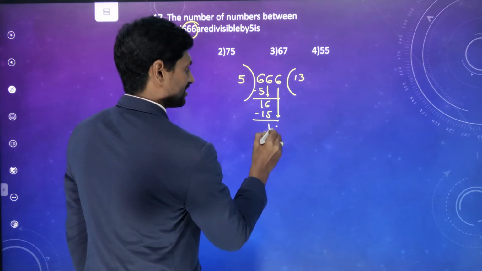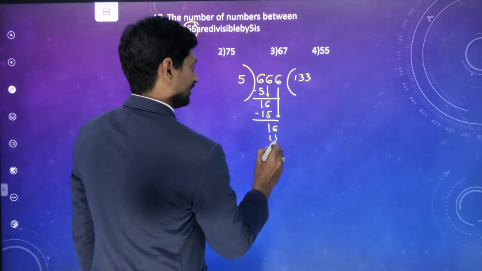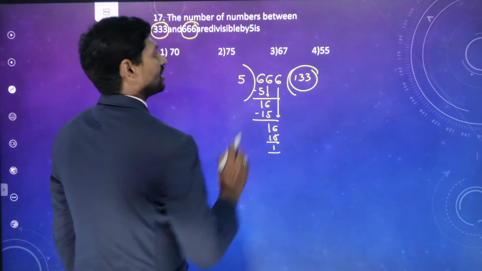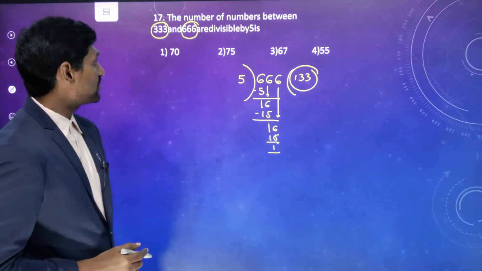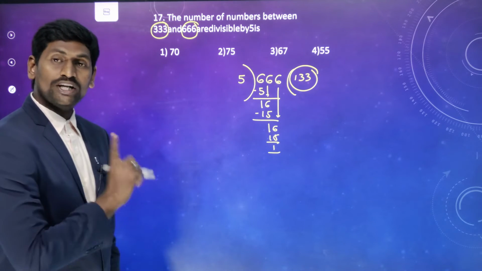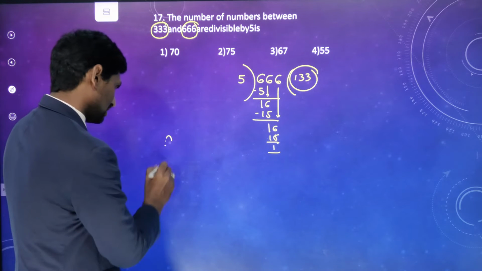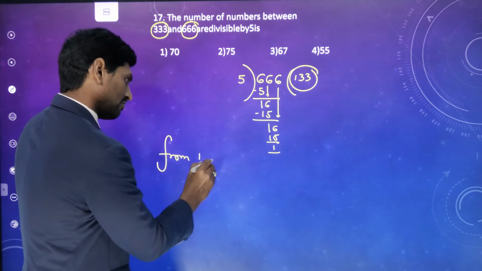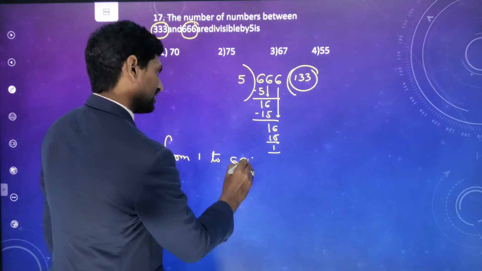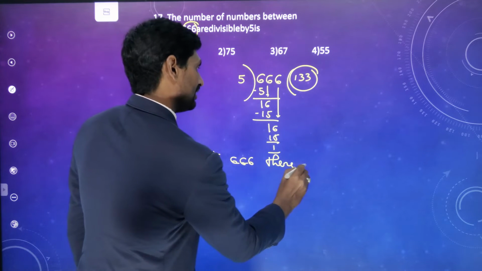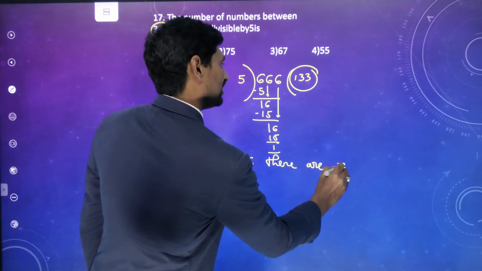Again 6 down, 5 threes are 15. So there are 133 numbers divisible by 5 from 1 to 666. That is what I am writing: from 1 to 666, there are 133 numbers.